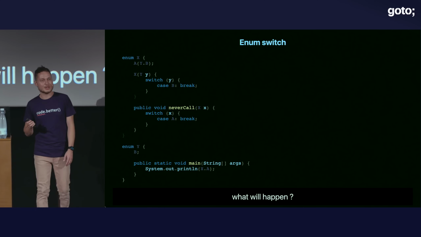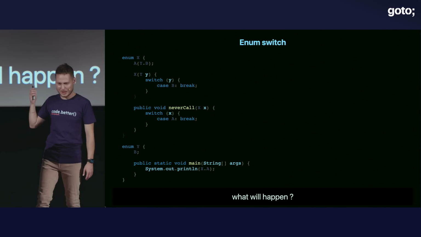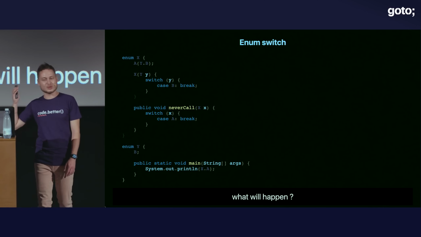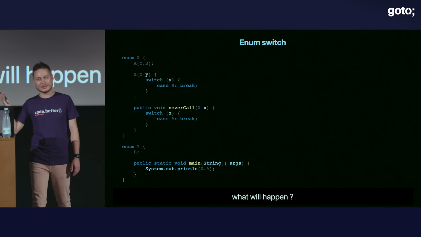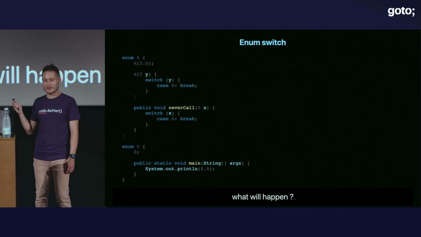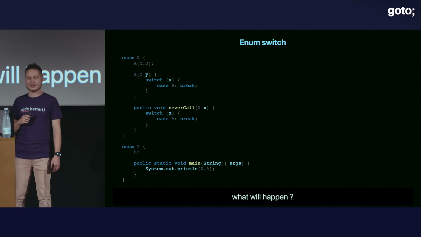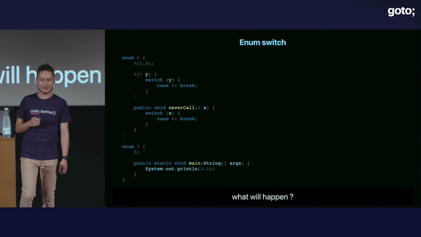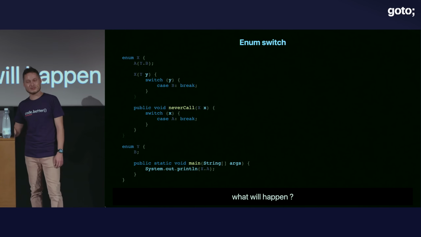So let me try to explore again the problem with the static initialization. It's much more complex code. In this code, we have enum constant, enum X, and constant A in this enum. We have constructor for this constant. In this constructor, we have a switch by another enum. In the other enum, we also have a constant.